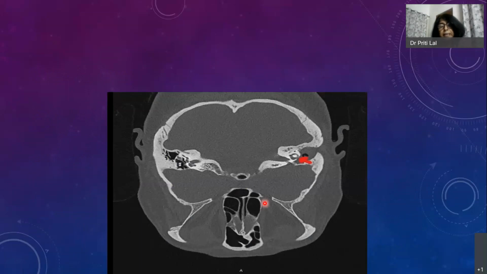Now, this is an axial section of the HRCT of a temporal bone where we are seeing a fistula of the left lateral semicircular canal. I hope you can all appreciate this fistula here.